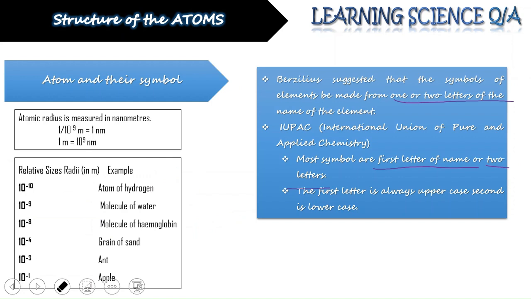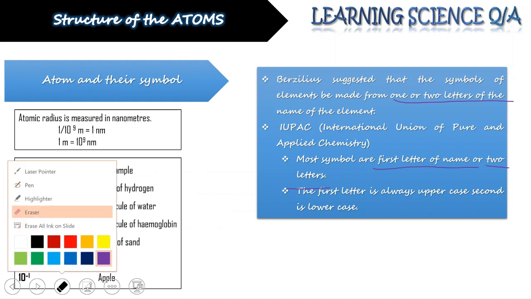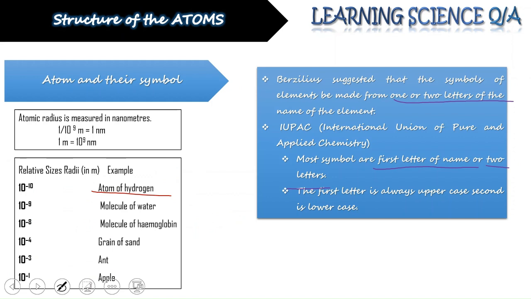Similarly, if we talk about the size of the hydrogen atom, it is around 10 raised to power minus 10. If we talk about a molecule of water, it is 10 raised to power minus 9. A molecule of hemoglobin is 10 raised to power minus 8.